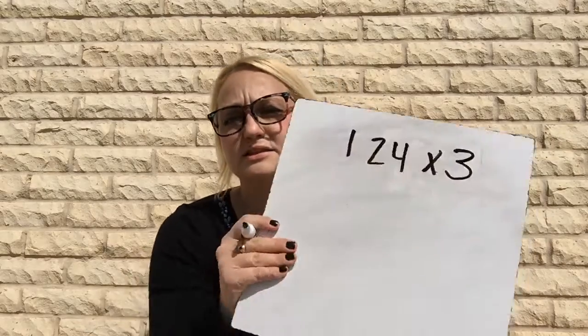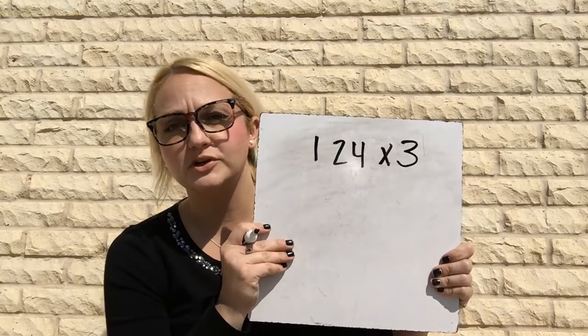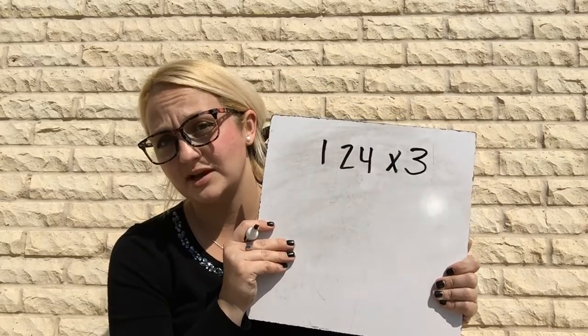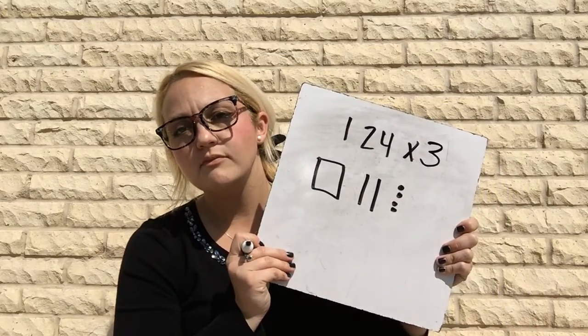So what we're going to do is start multiplying with those arrays. Let's say I have 124 times 3. This is what your multiplication problem would look like. The first thing I would do is draw out 124.